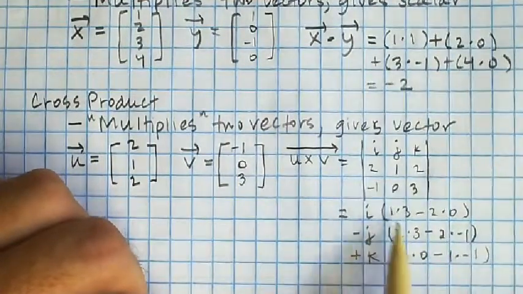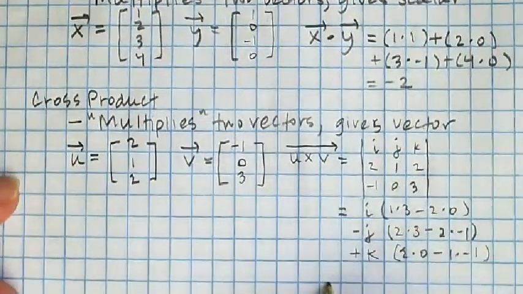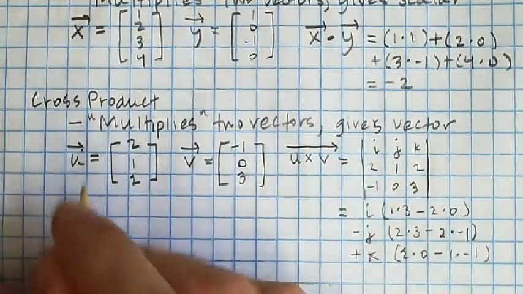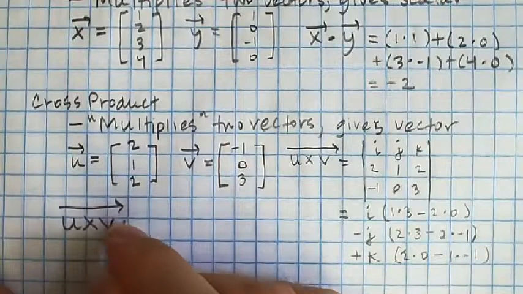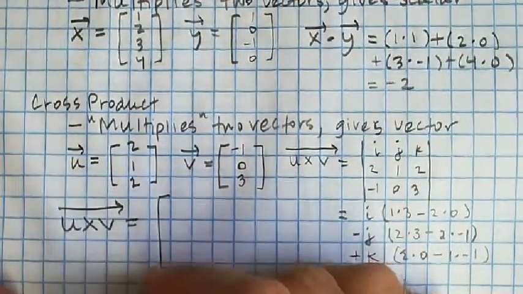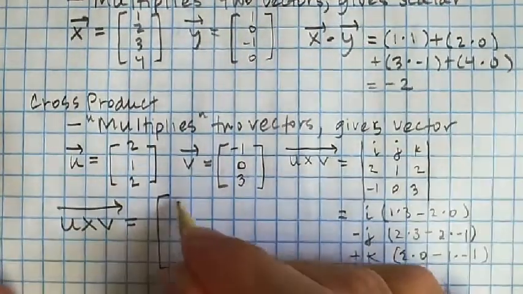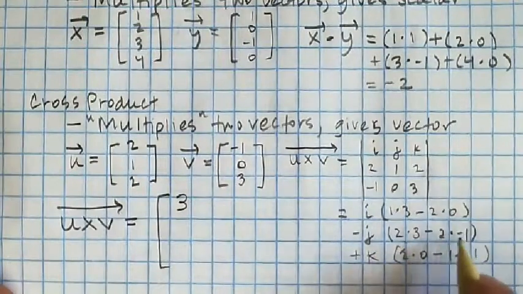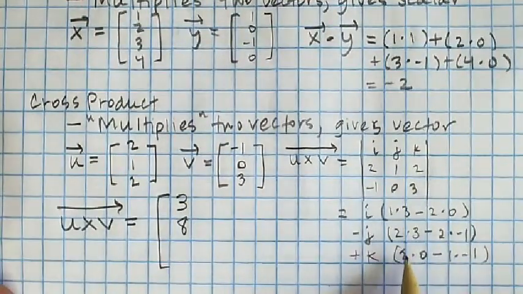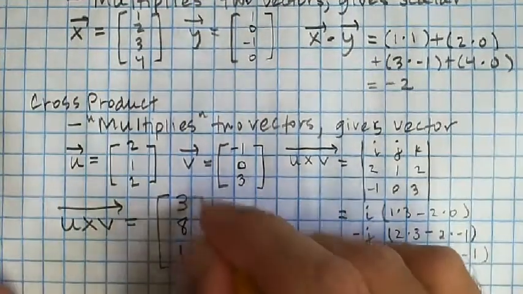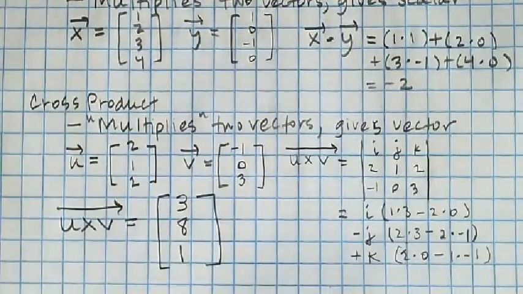So I've got 3, and that's going to go off the page, so I'll just say u crossed with v is 3, 6 plus 2 is 8, and 0 minus negative 1 is 1. So 3, 8, 1 is the cross product.